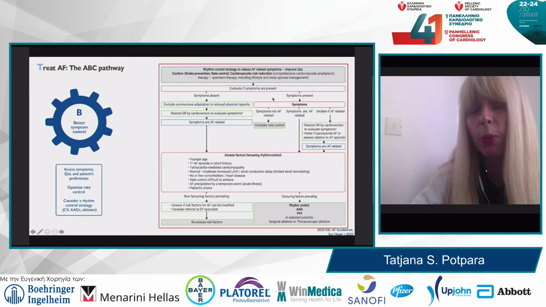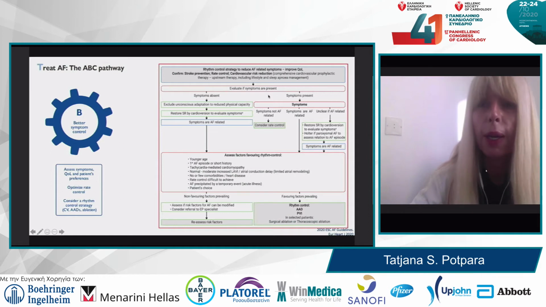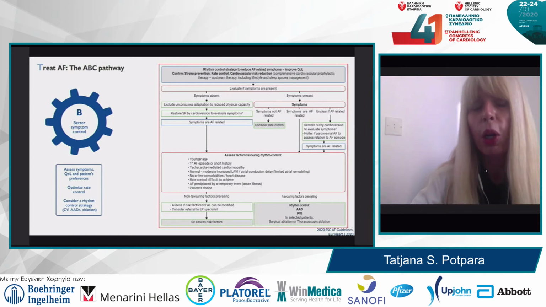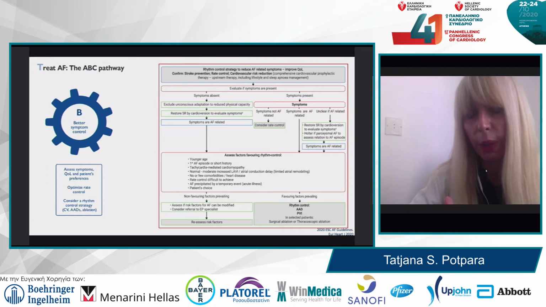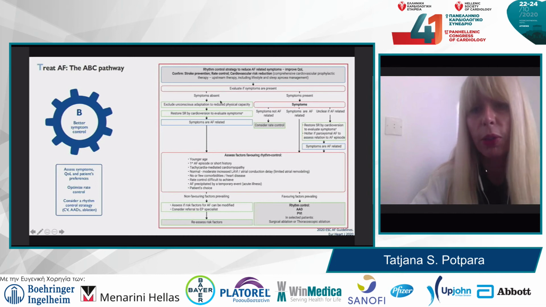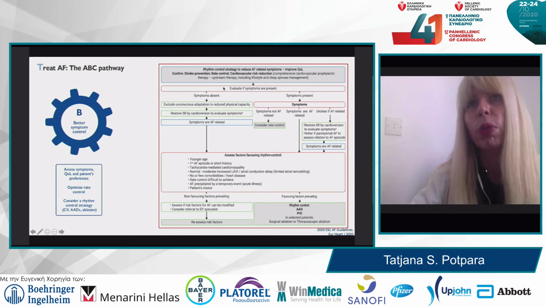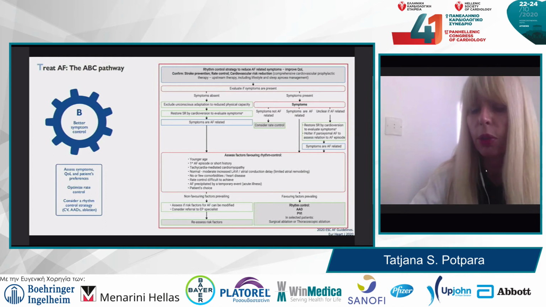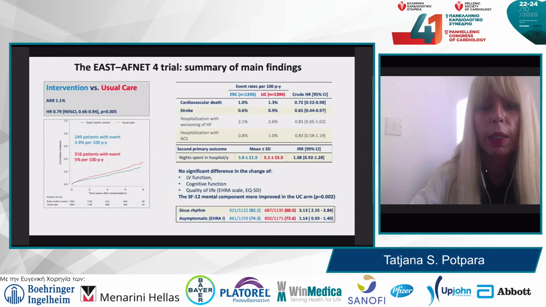However, should symptoms persist despite optimal rate control, or there is a deterioration in left ventricular function that could be attributed to tachyarrhythmia, or there is a strong patient preference, or there are factors suggesting that a rhythm control strategy is feasible in a given patient, then rhythm control strategies should be considered, mainly to control symptoms, improve symptom status, and improve patients' quality of life.